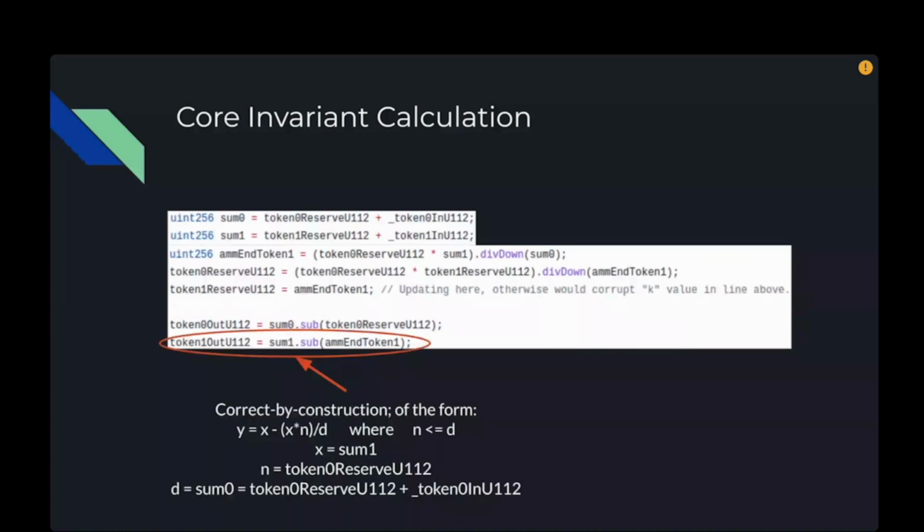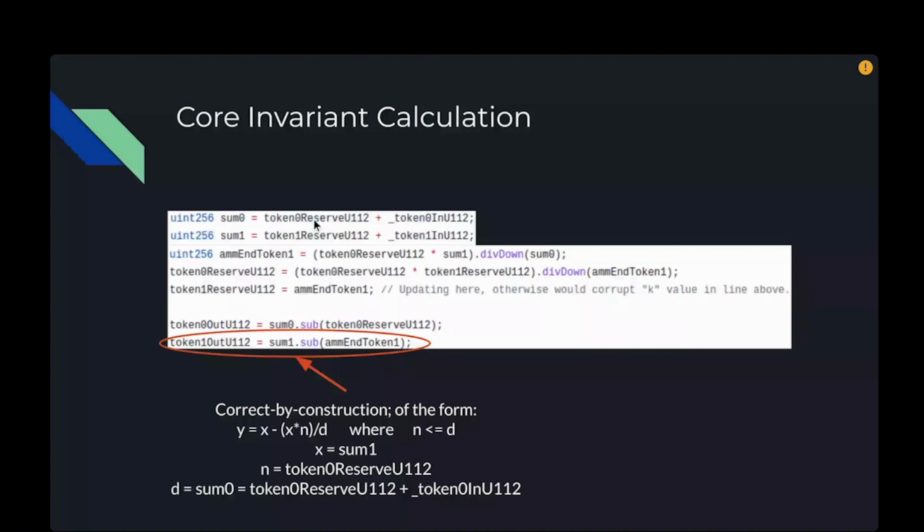So starting with the second one, this one is actually completely safe, and we could remove the safe math because the calculation is basically of this form where you have a number minus a number that's less than or equal to it, because, right, the first term, you have that sum1 variable, and then you're subtracting off this AMM in token 1 thing, which if you look up, you see that that's basically sum1 times the token 0 reserve, but then divided down by the token 0 reserve plus some other number, right?